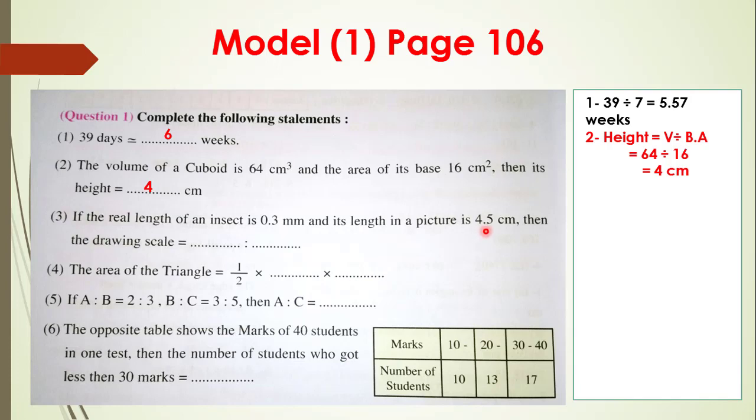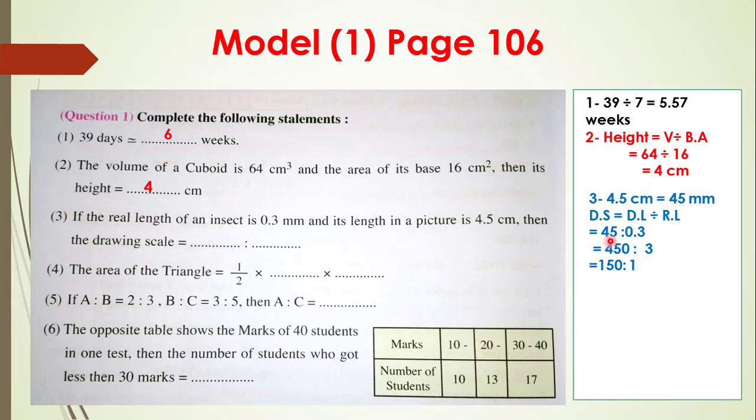Then we will divide the drawing length over the real length. Look here, 4.5 centimeters is the same as 45 millimeters.